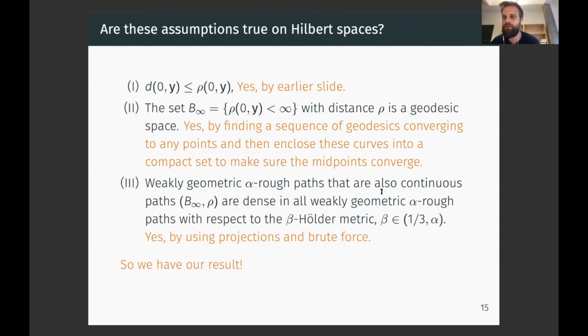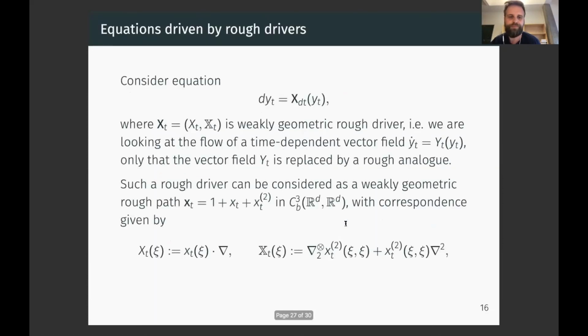So for the remaining 3 minutes, let me speak about some applications. One of the applications is the application to rough flows that was introduced by Ismail Bayer and his collaborators. So the idea is basically you want to define a local flow of a time-dependent vector field, only that your time-dependent vector field is rough in a certain sense.